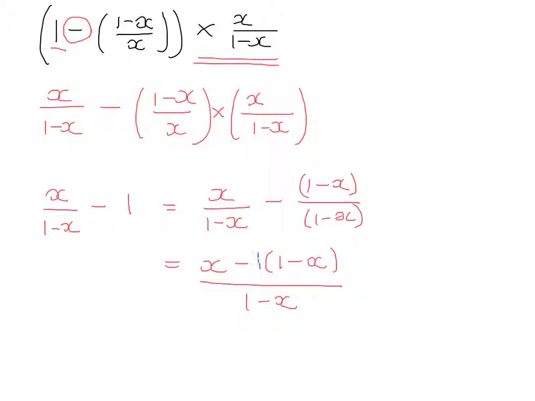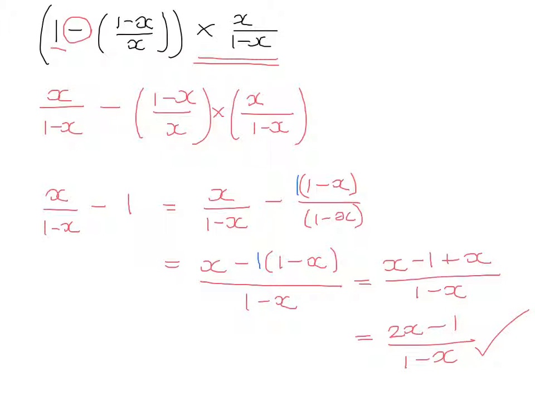We don't want to end up making a mess with that sign. You could imagine having a 1 in there as well if that helps. So we would have x take away 1, and then minus times a minus makes a plus, still over 1 minus x. Then in the numerator we've got x plus x take away 1, so we've got 2x take away 1 over 1 minus x, and that would be our final answer.